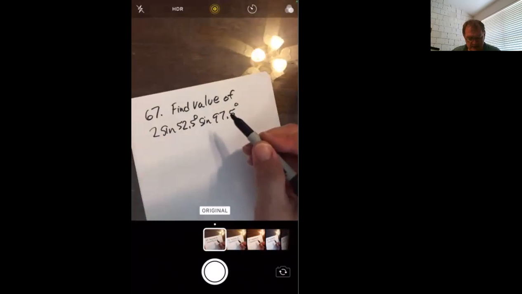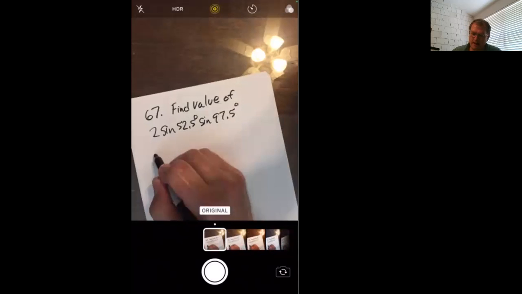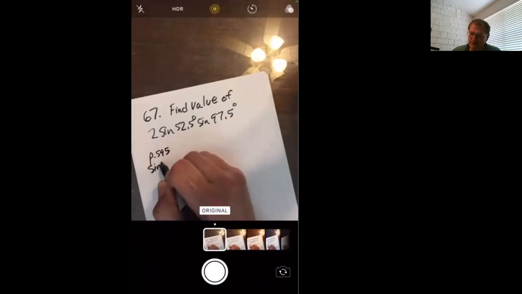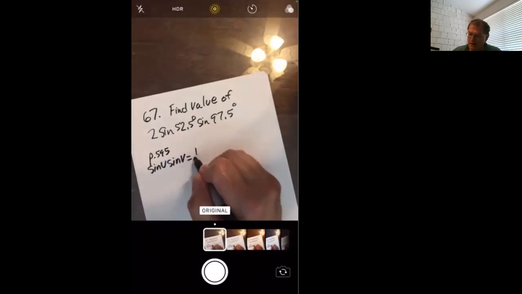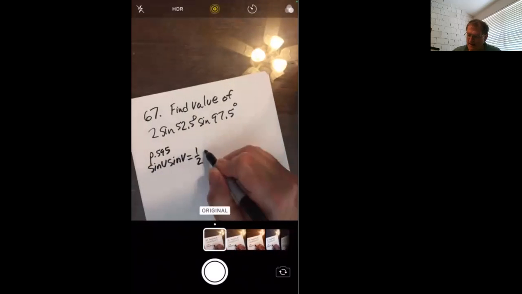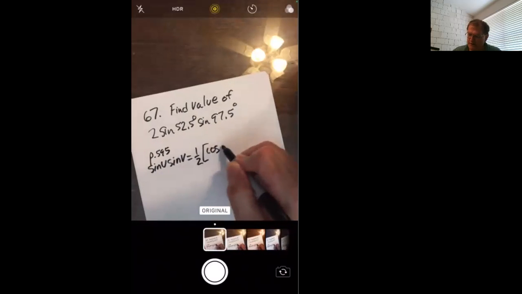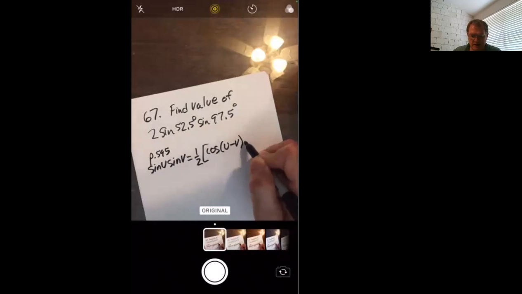Sine times sine, that would be the last one here. Page 595, a sine of u, a sine of v goes a big 1/2, cosine of u minus v minus cosine of the sum.